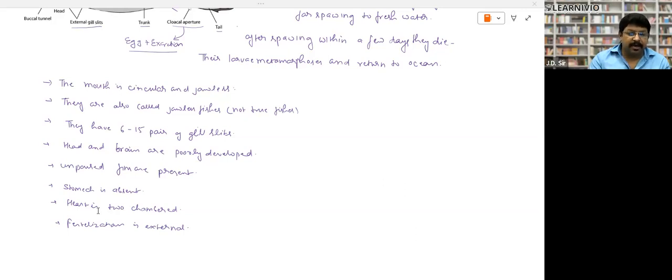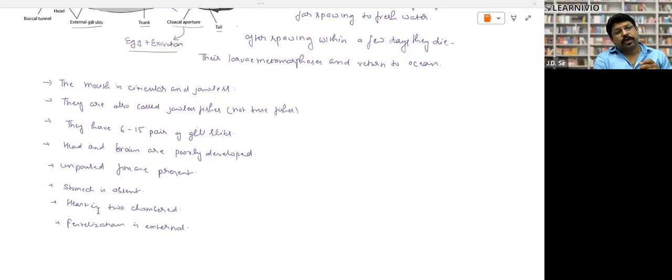Head and brain are poorly developed. Next point. They have unpaired fins.